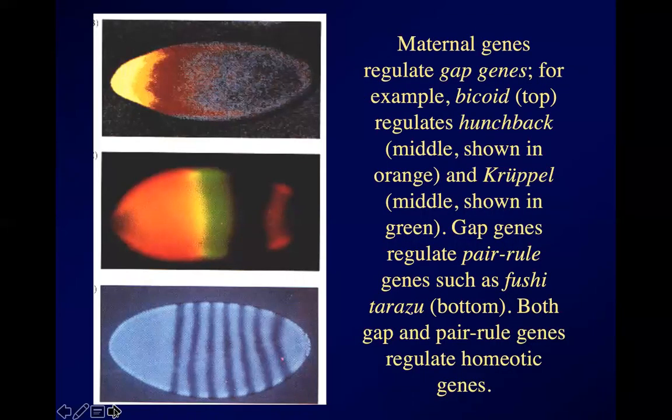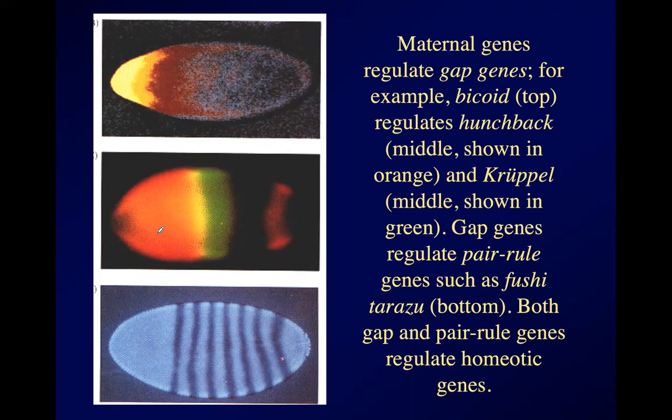Okay, so up there at the top here, that is an egg that's been stained in a different way for the bicoid protein, and you can see it's mostly up in the head. There's not much in the tail. Bicoid switches on a gene called hunchback, which is stained in orange here. This is also a fruit fly egg.